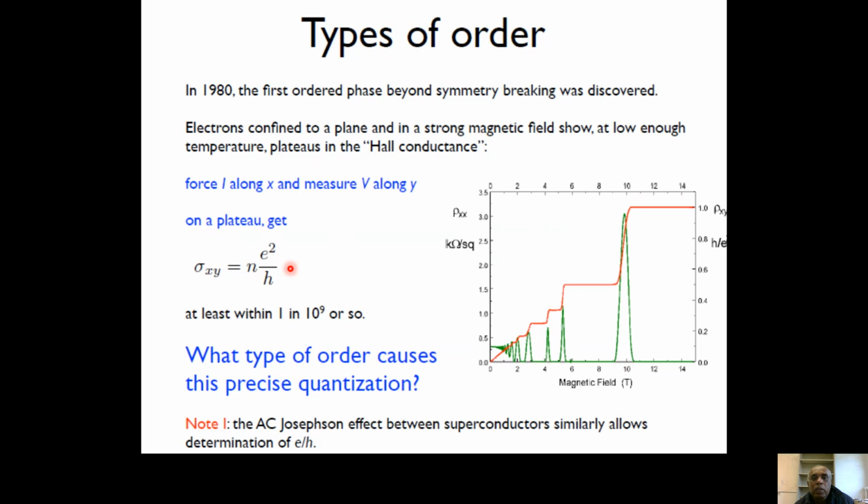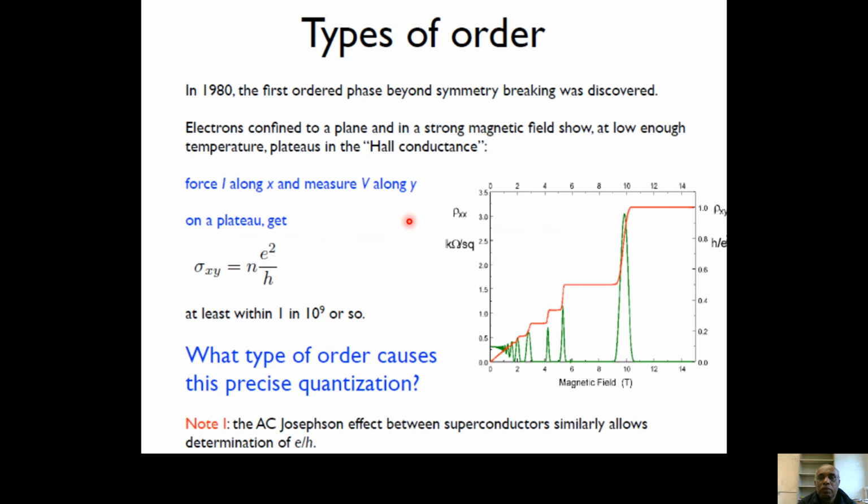So this is a new type of order. There's a quantum Hall state, not resulting from the usual phases resulting from symmetry breaking. But the thing is, what type of order causes this quantization? That's the question.